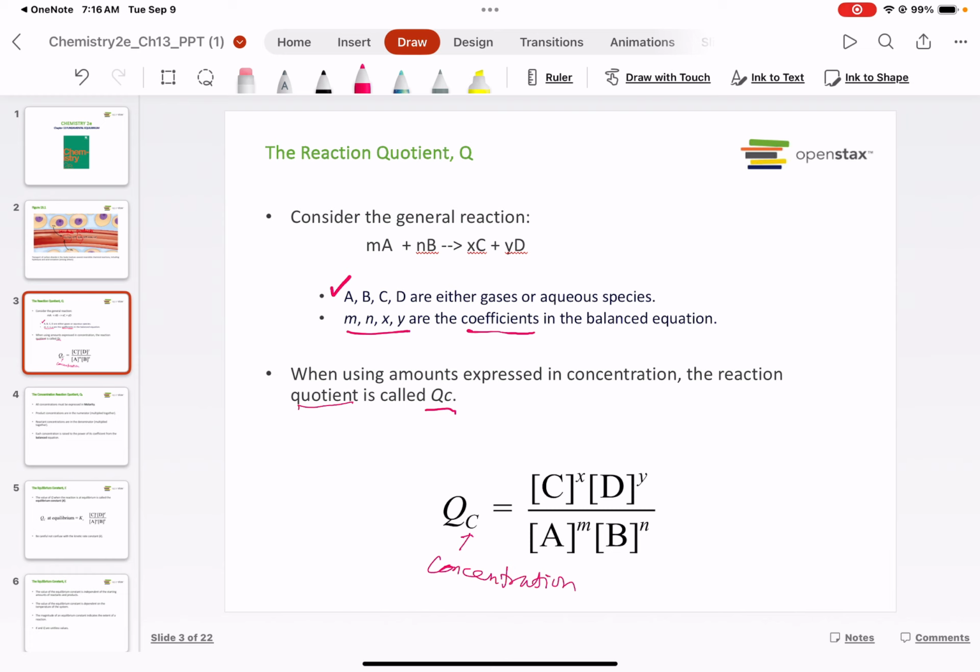It's always going to be product over reactant, and they multiply together.